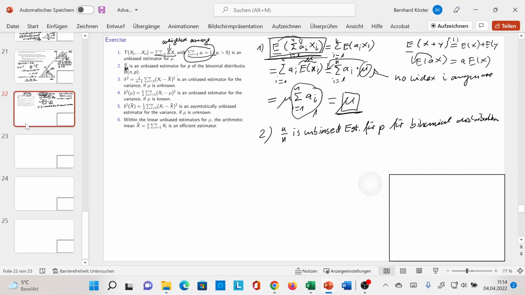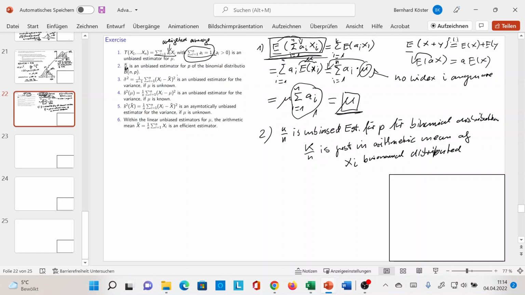And what is k over n? k over n is just the arithmetic mean of x_i, binomial distributed.